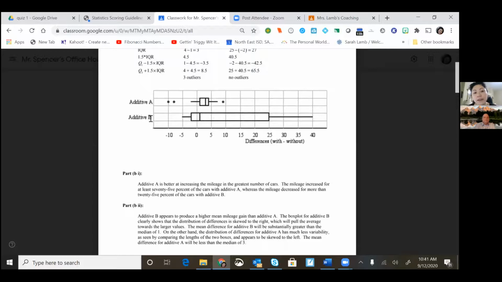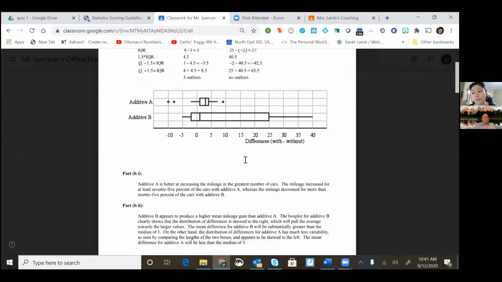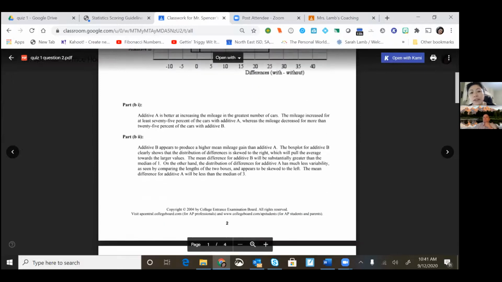The outliers on A bring the average down, or the skewness of B brings it up for B. And you had to state that specifically as your justification. And again, if you answered incorrectly by saying additive A was your choice for the second question, then it was no points at all.